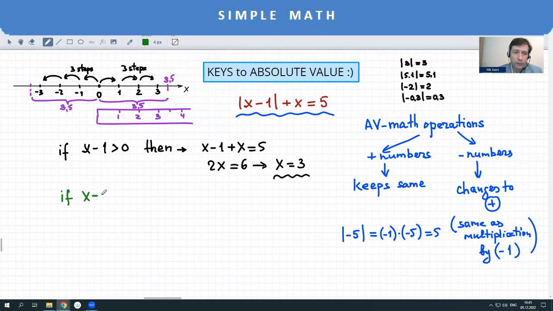If x minus 1 is negative, then what we'll have? We should multiply x minus 1 by -1. Means basically we're changing all the signs. X was positive becomes negative. Negative x plus 1 plus x equals to 5.